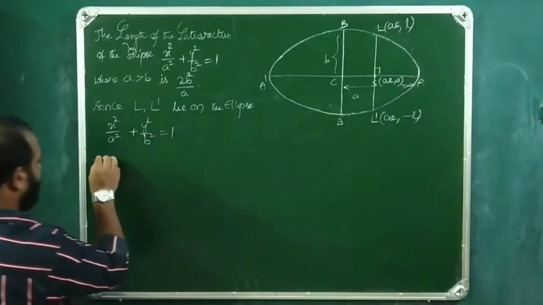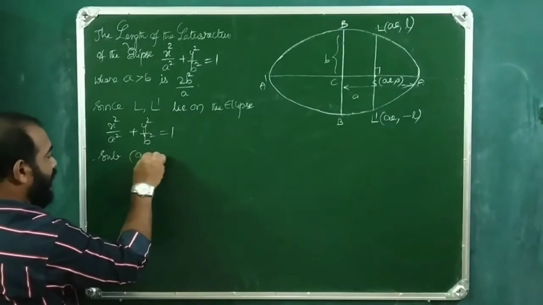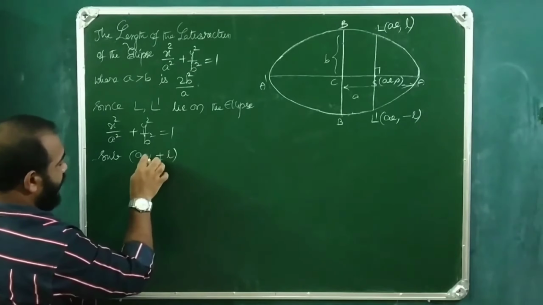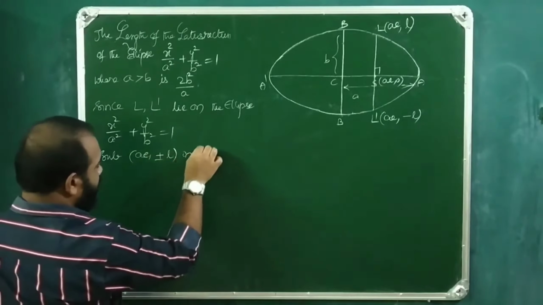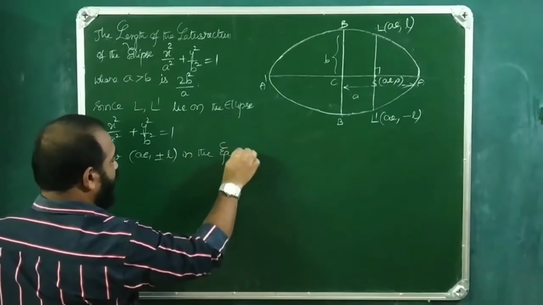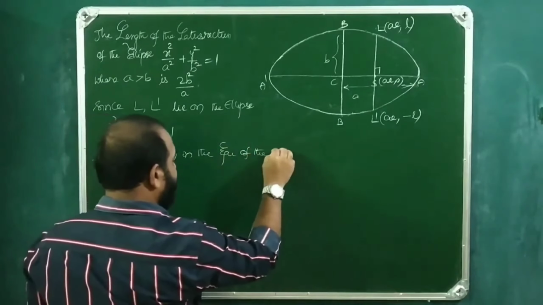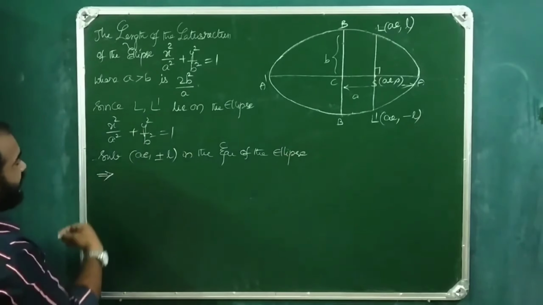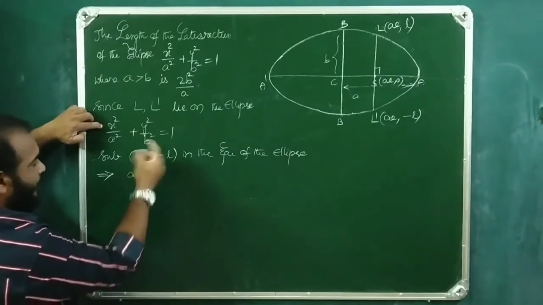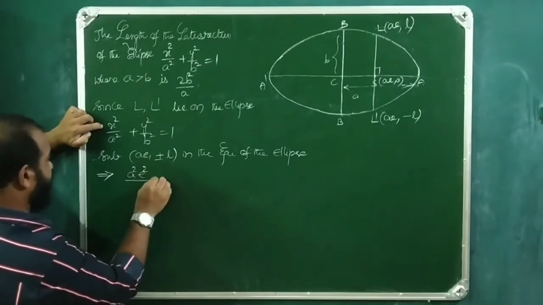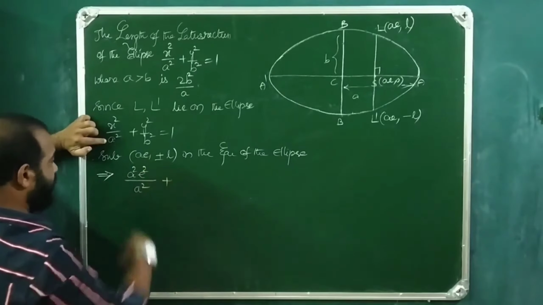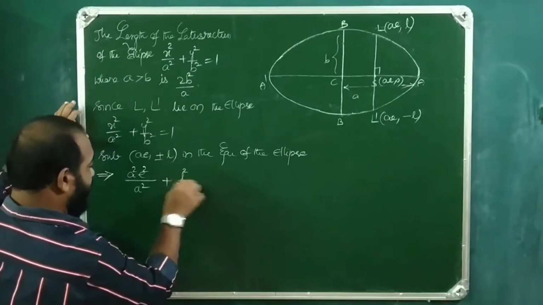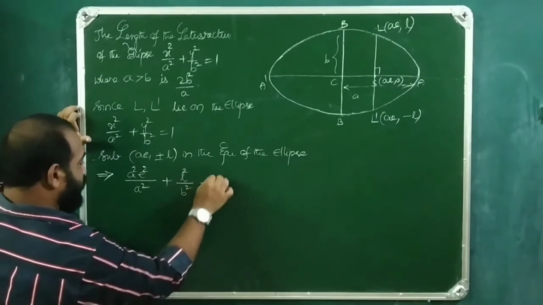Substituting (AE, plus or minus L) in the equation of the ellipse, that implies x square is AE whole square, a square e square by a square, plus y is plus or minus L, whole square, L square by b square, equals 1.